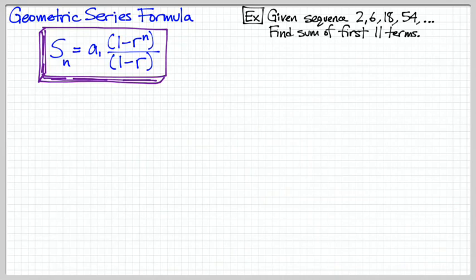So let's look at one more example. Say we're given a sequence, and this happens to be a geometric sequence, times 3, times 3, times 3. If I want to find the sum of the first 11 terms, we're going to apply this formula over here. So S of 11, actually let me change this to 11, S of 11 is equal to, let's look at the formula.